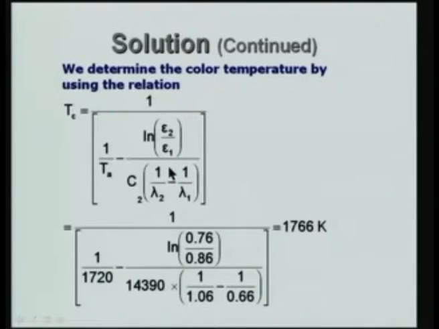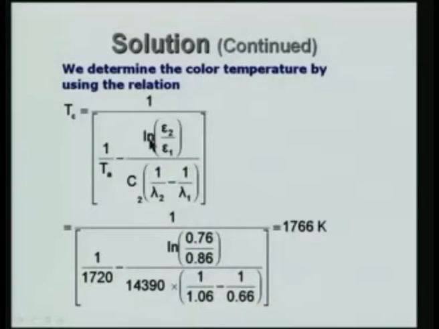Which you want to consider as lambda 2, which lambda 1 is essentially immaterial, as long as the epsilon and lambda quantities are related to each other properly. So, ln of epsilon 2 by epsilon 1 divided by C2, the second radiation constant, multiplied by 1 over lambda 2 minus 1 over lambda 1.